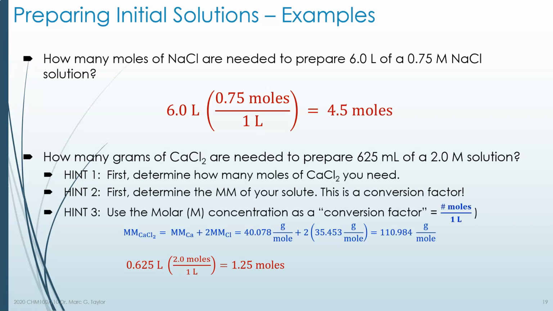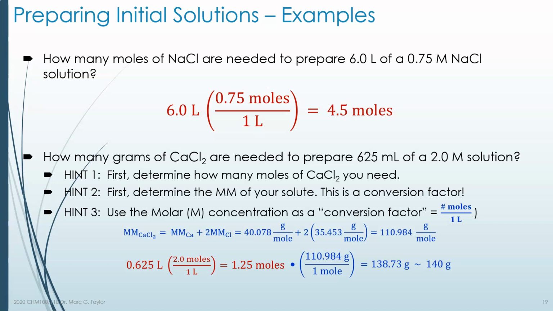And how I'm going to write this would be using it as the number of grams per 1 mole in our equation. So we're going to take our 1.25 moles of calcium chloride and multiply it by our molar mass in this format, 110.984 grams per 1 mole of calcium chloride.